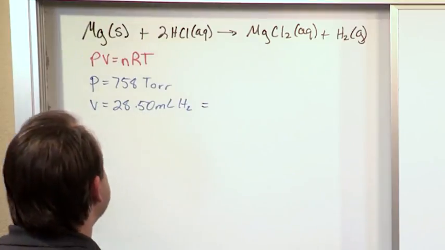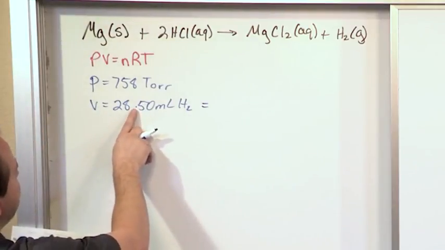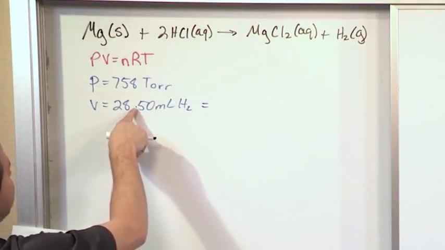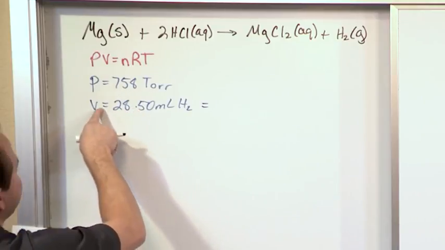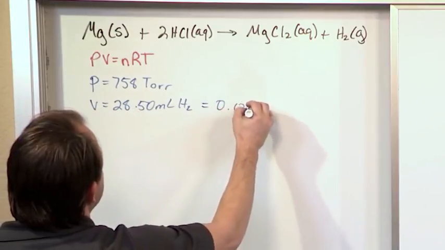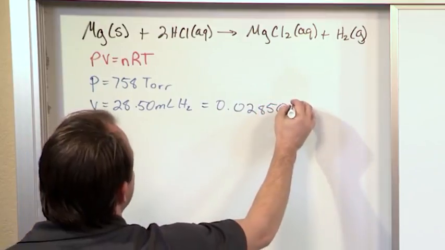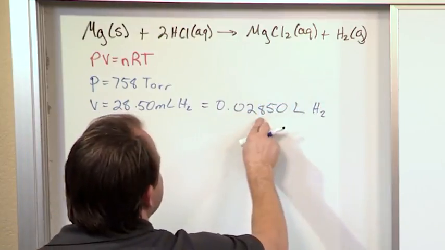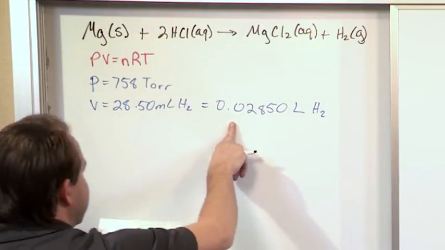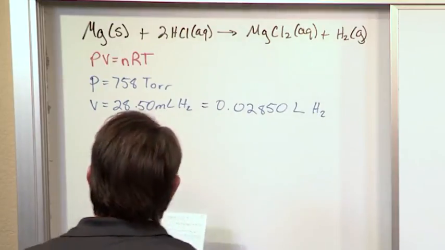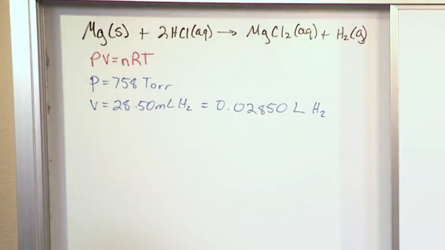So you definitely want it in liters. To make it into liters, you move the decimal point 3 spots to the left: 1, 2, 3. So it'll be 0.02850 liters of H2. This is just how much hydrogen is produced at the end.